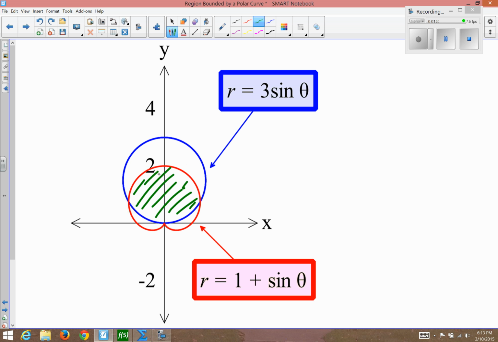I just shaded in green the area that we're trying to find. And first thing we're going to need is this intersection point. We need to know when the 3 sine theta and the 1 plus sine theta are equal for the first time as this path gets created, both the blue and the red.